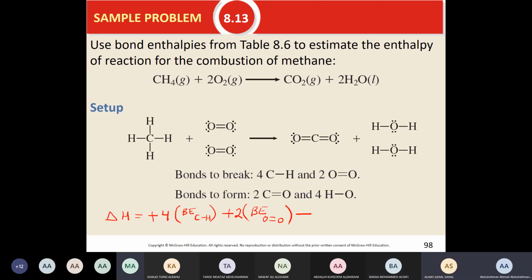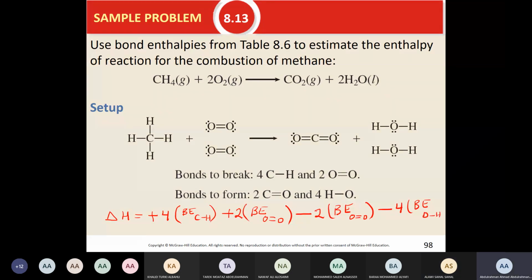Minus what? One CO2, C=O double bond. One or what? Two times C=O double bond. Exactly. And then minus again, 4 bond energy of what?